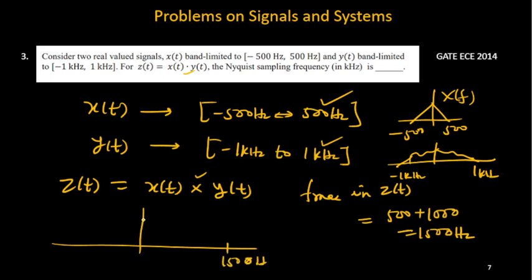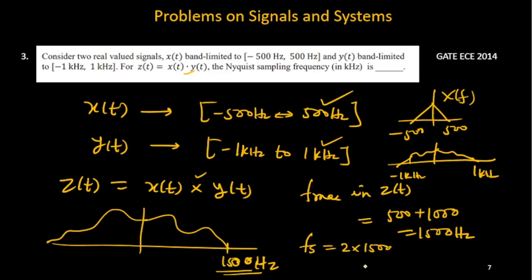Z(f) could be something like that, it does not matter for me, but it will be limited within 1500 Hz. So what is the sampling rate? Fs will be double that, 2 into 1500 means 3000 Hz, and 3000 Hz means 3 kHz. The answer should be in kilohertz, so it should be 3 kHz.